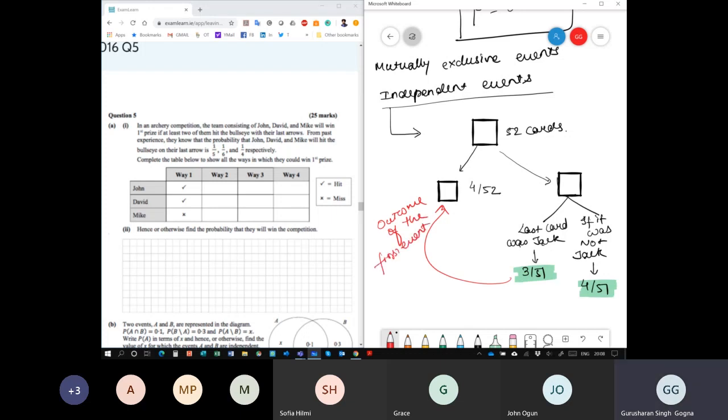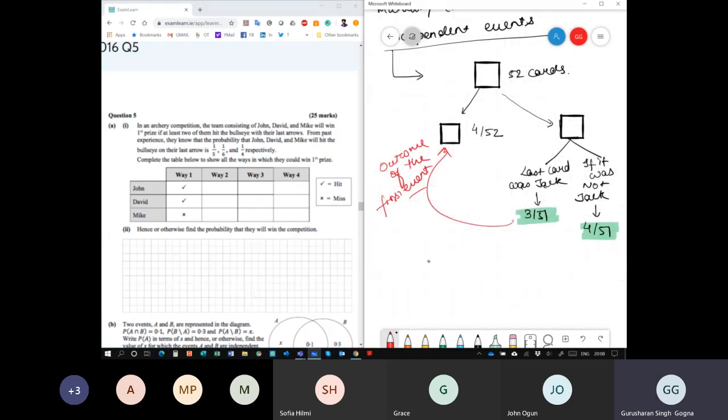So this is called conditional probability. And that is the reason we write, let's say, probability of A given B is equal to probability of A intersection B over probability of B. So probability of A is depending on the probability of B, basically. Okay. So this is called conditional probability.